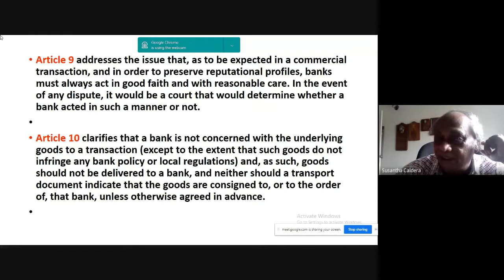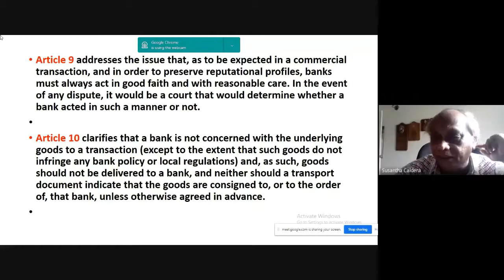But, capital BUT, if the bank has been named as a consignee, if it has been consigned to the bank, then we have a legal obligation to look after the goods.